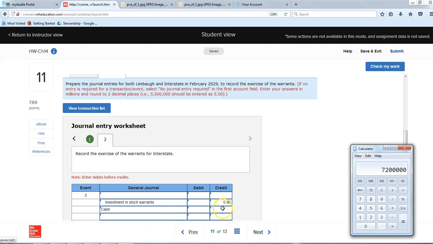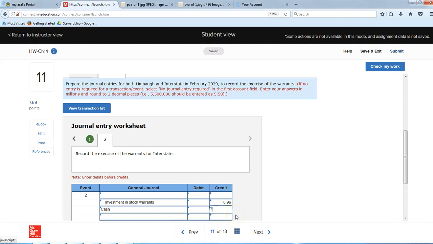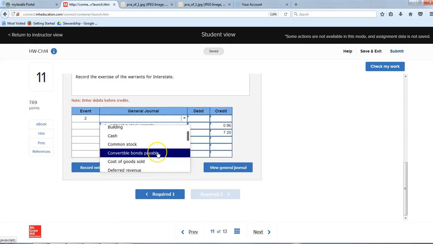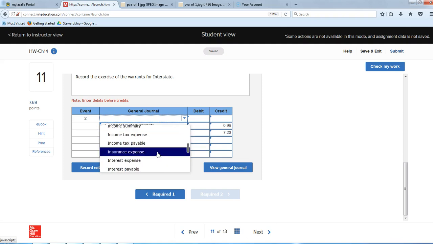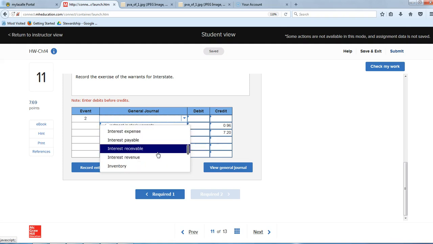So Interstate spent $7.2 million. And lastly, these warrants become investment in stocks.